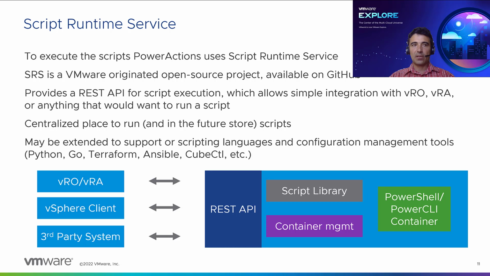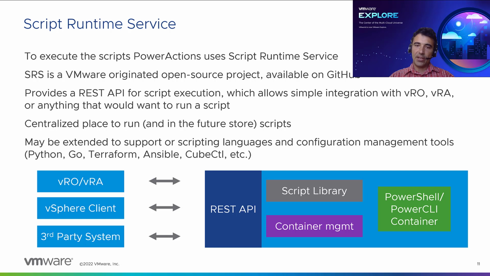So script runtime service is the centralized place to run the scripts in your organization, and in the future it could also be extended with the script library, and it can also become the central place to store the scripts. Currently it only supports PowerShell and PowerCLI, but in the future it can be extended to support different management tools like Python, Go, Terraform, Ansible, and so on.